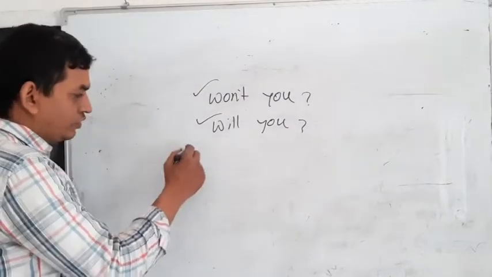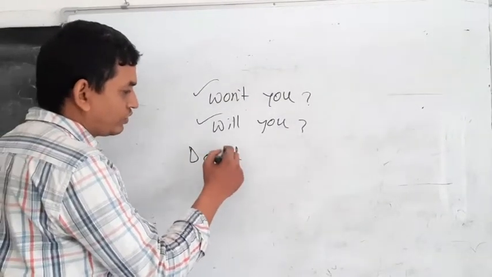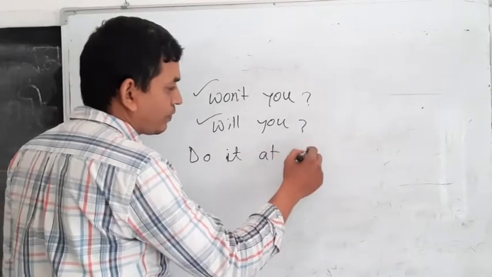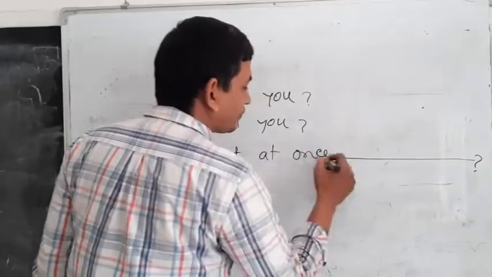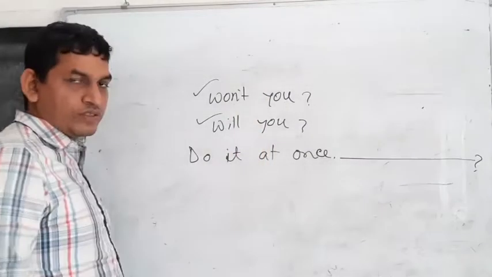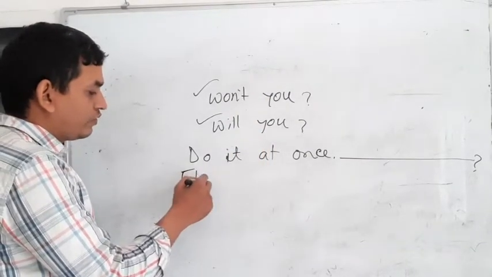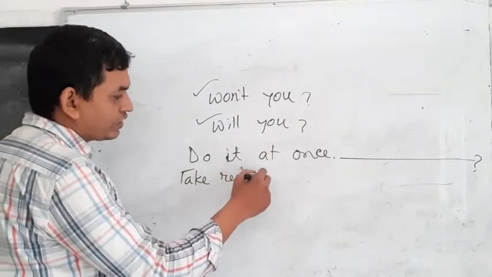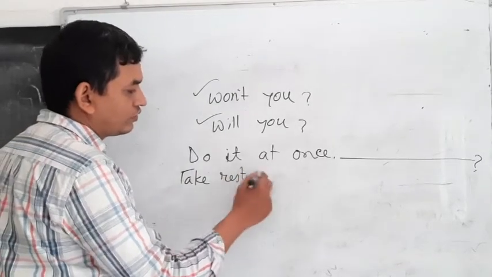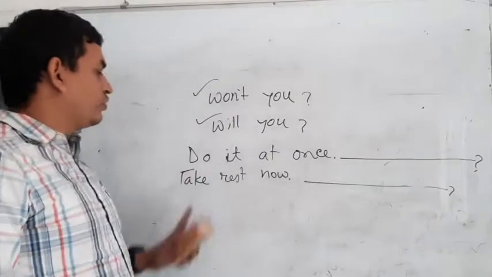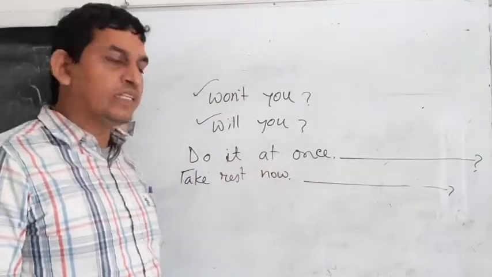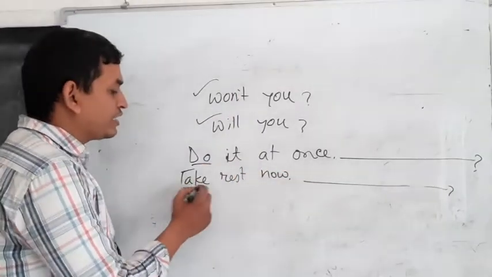For example, do it at once. Take rest now. Here, do it at once. In this sentence, do is a verb, take is also a verb.